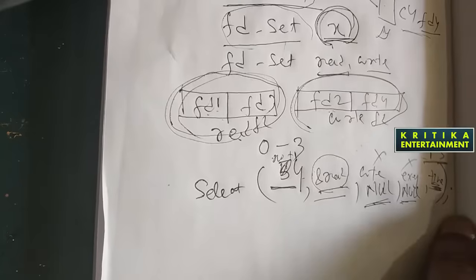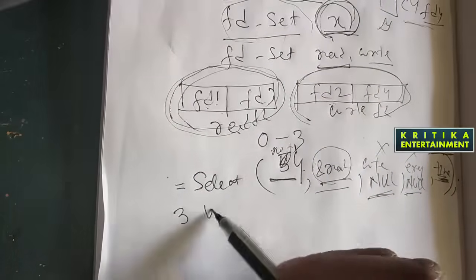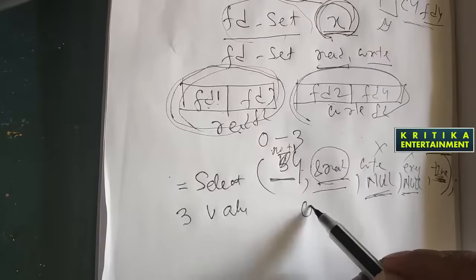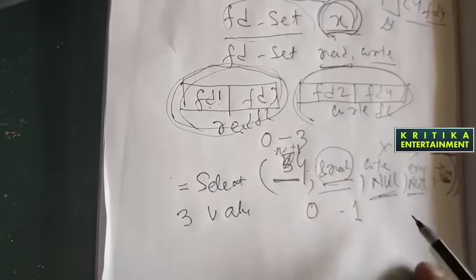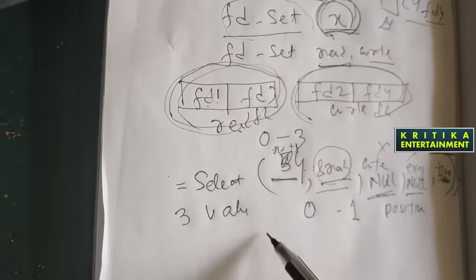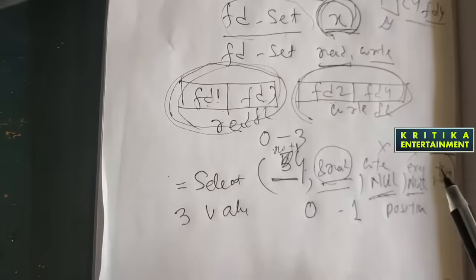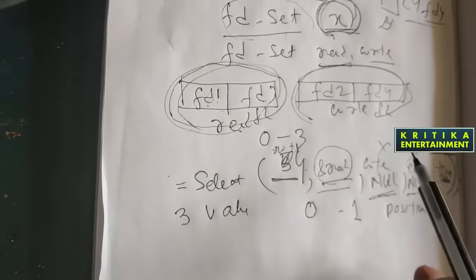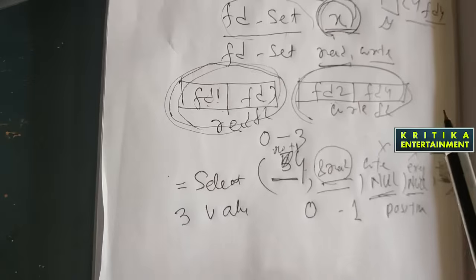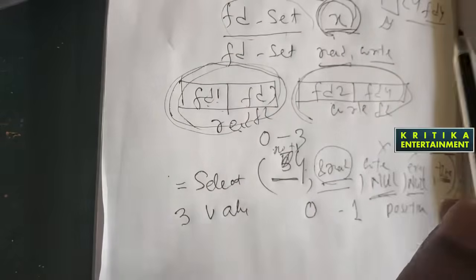Now, what will the select function return? It returns three kinds of values: first is 0, second is -1, third is positive. 0 means that if there is no data available in any FD, the server will not read any data from the client side.